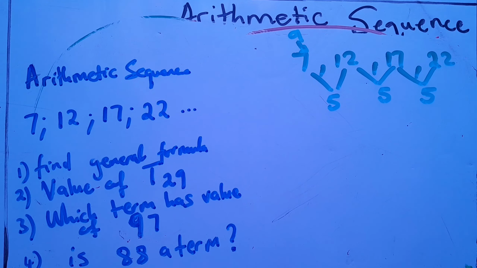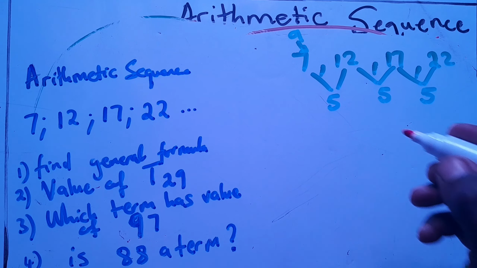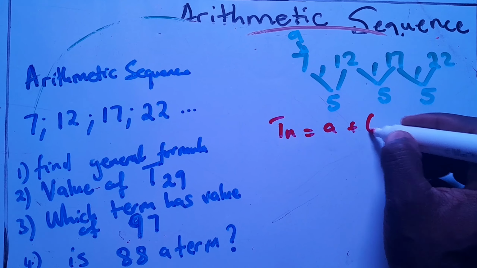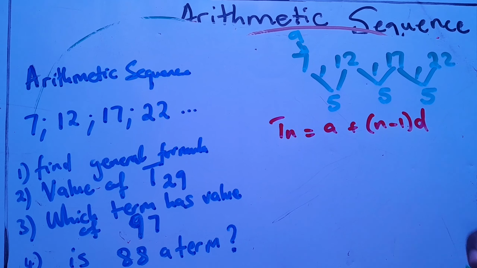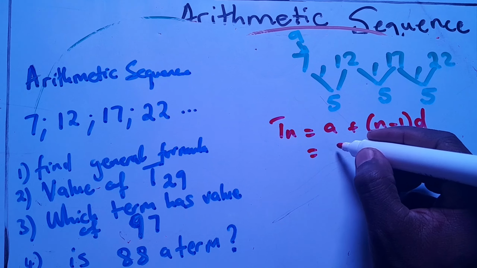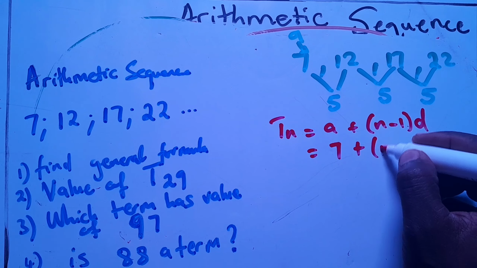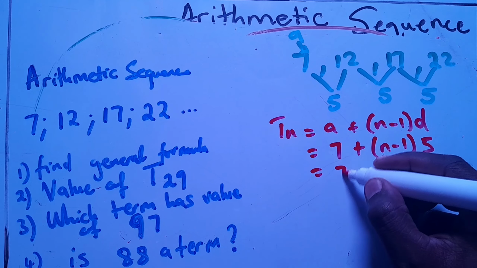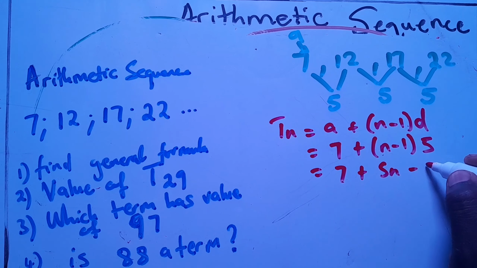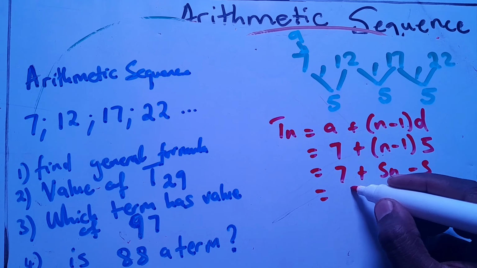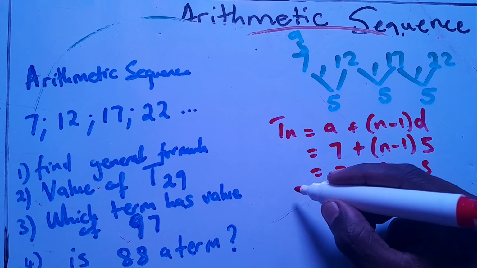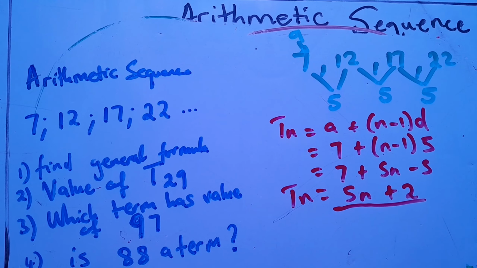To find the general formula, we say Tn is equal to A plus (n minus 1)d. So what is our A? It is 7 plus (n minus 1), and our difference is 5. So this becomes 7 plus 5n minus 5. So this is just 5n plus 2. So our general formula is 5n plus 2.